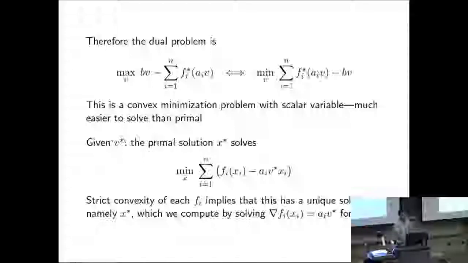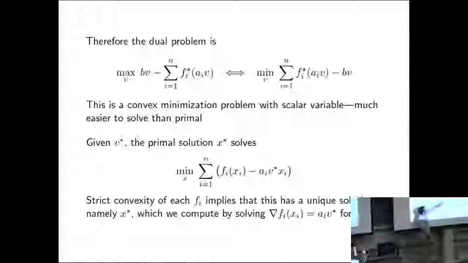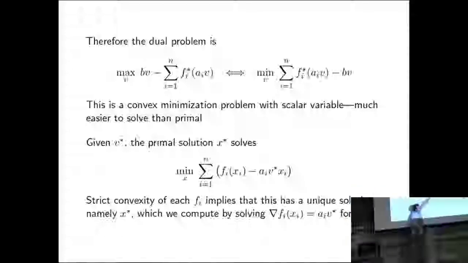You'll arrive at some v star. That's the dual solution. And now you know that the primal solution is characterized by looking back at the Lagrangian, right? I know that it has to solve the problem min over x of the sum of fi of xi minus ai v star xi, where v star was the dual solution. And for the same reason as before, that means that each xi has to minimize its own term.